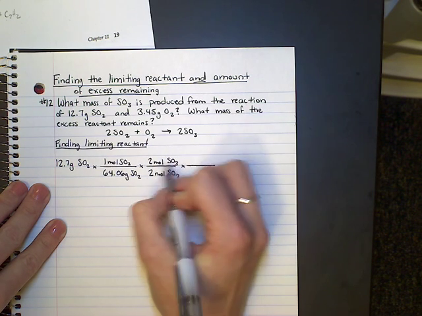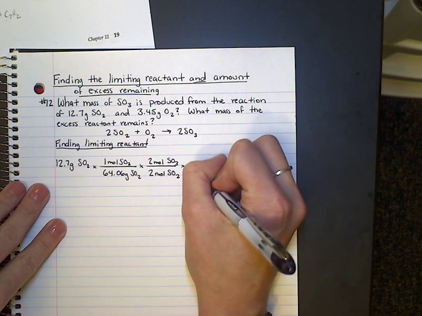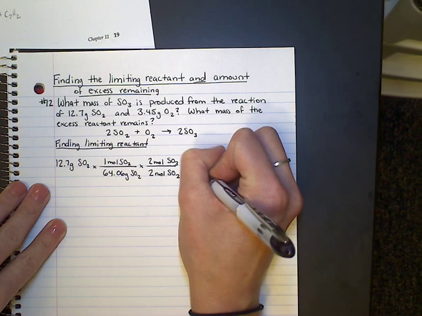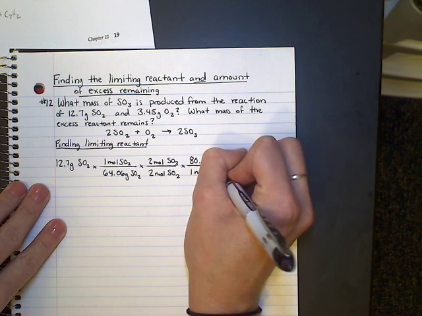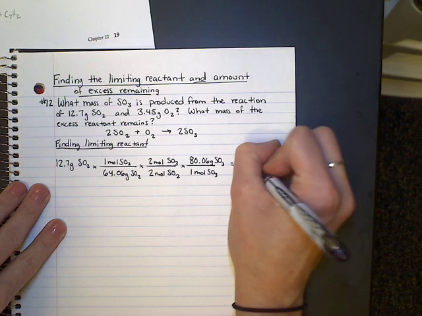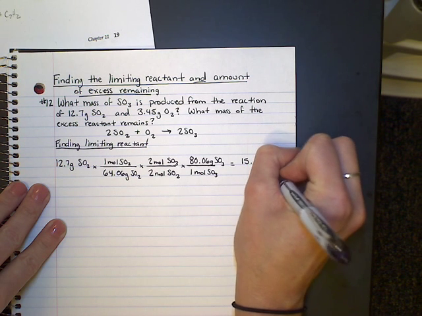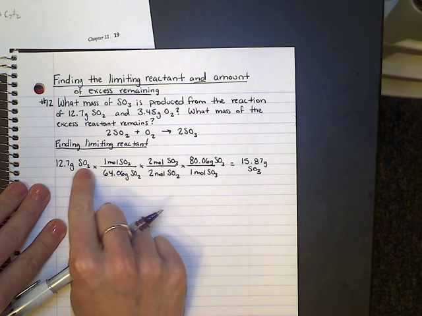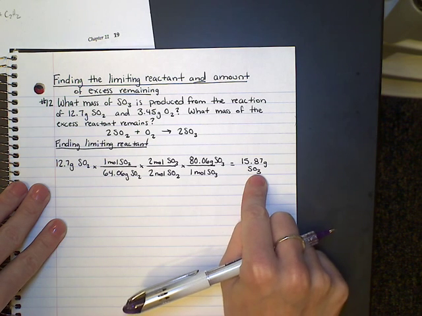So now I'm going to go from moles of SO3 into grams by multiplying by its molar mass. Okay, so once I do that, I get 15.87 grams of SO3. So that's how much 12.7 grams of SO2 can make of SO3.